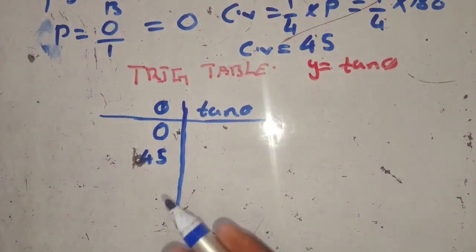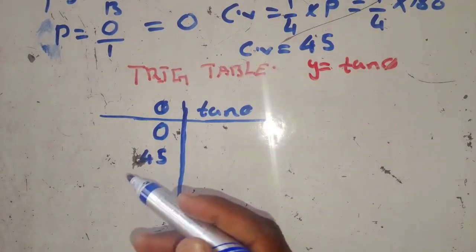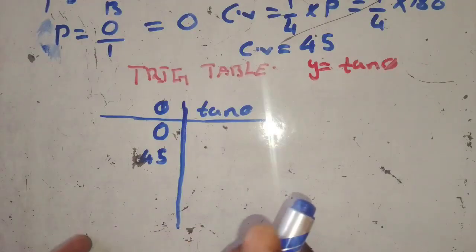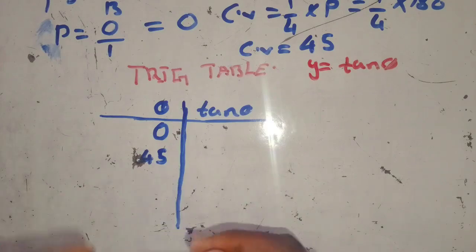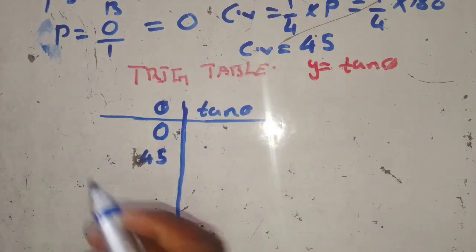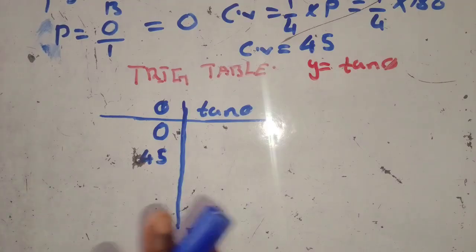To find another point after 45, just do 45 plus the counter value. After this, we'll be just adding the counter value, point plus the counter value, until we reach 180. Remember that the period of tangent does not exceed 180.